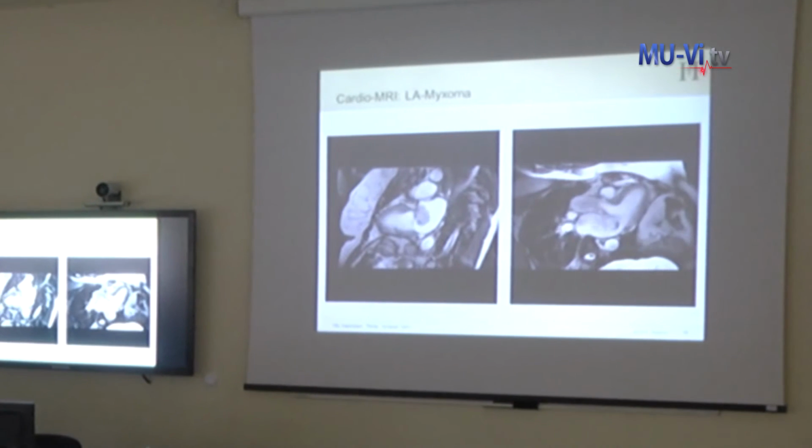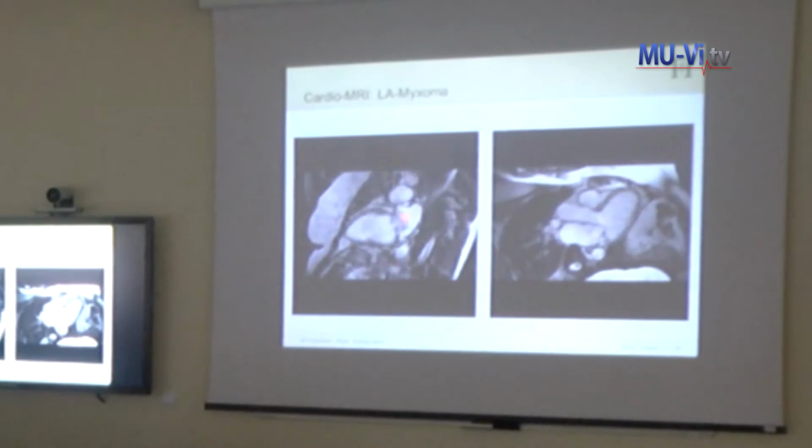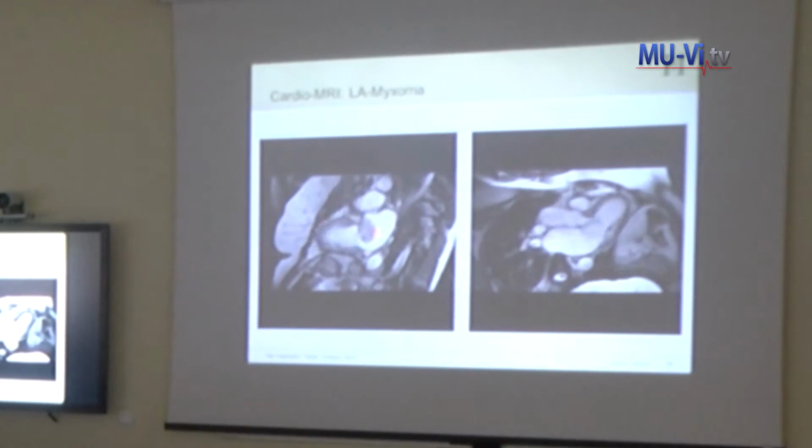And this patient has bigger problems because the myxoma prolapses through the valve and really has to be operated as soon as possible because he gets hemodynamic problems. You see an obstruction of the left ventricular outflow tract caused by this myxoma which lies on the anterior part of the valve.